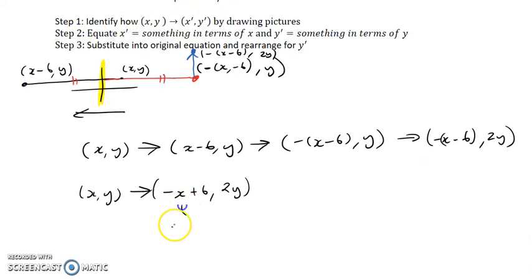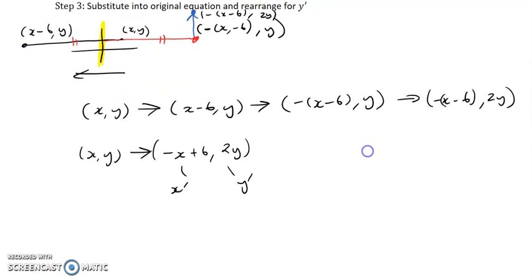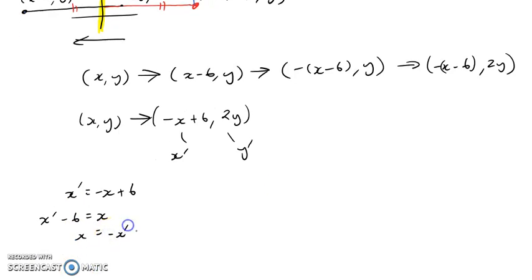Second step is to equate. Okay, so x dash in terms of the old coordinates is minus x plus 6. y dash in terms of the old coordinates is 2y. Then we have to rearrange. So get the old coordinates in terms of the new coordinates. y dash equals 2y, so y equals y dash over 2.